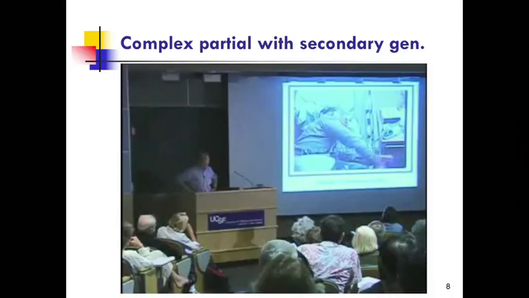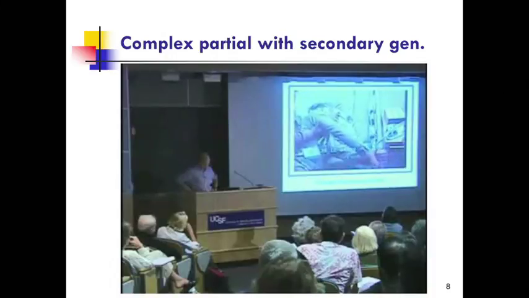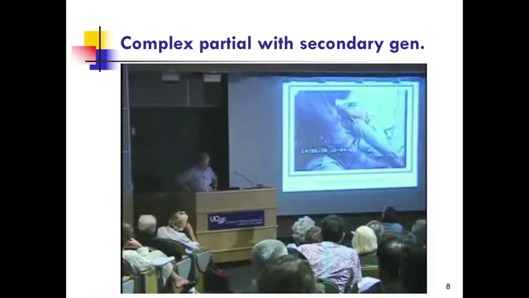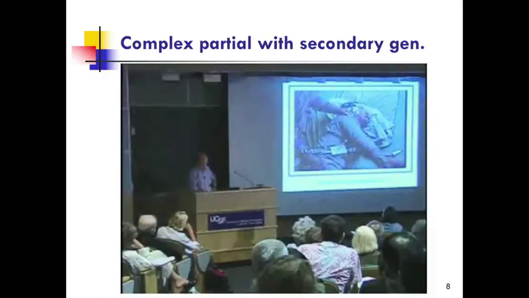This one, if you don't take care, he will fall off dead. So check him. Right. Then after about 2 minutes it should stop. If it doesn't stop, then it has become status epilepticus. Then you have to intervene and stop it with drugs.